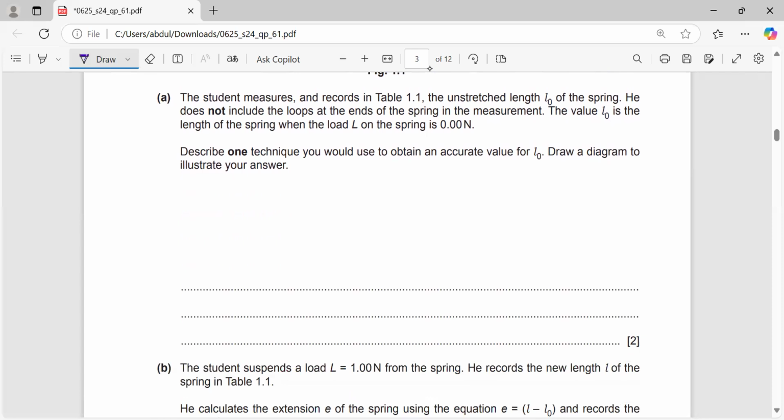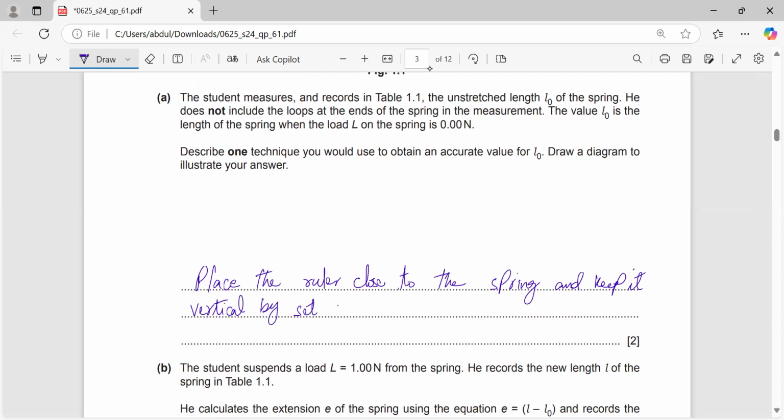Now you can write the same things here. So now I'm writing: place the ruler close to the spring. Keep the ruler close to the spring and keep it vertical by the set square method.